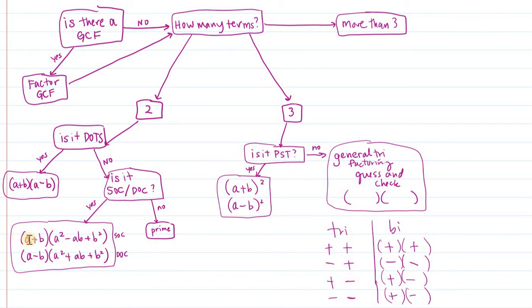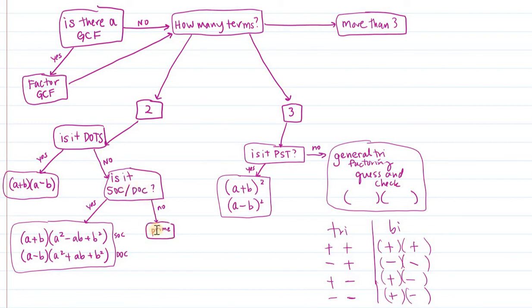Recall the first one would be for if you had a sum of cubes, and the second one is for if you had a difference of cubes. But remember, it's the same pattern, you just have to get your signs straight. So the first binomial has the same sign, the first sign in the trinomial is opposite, and then the last sign is always positive.